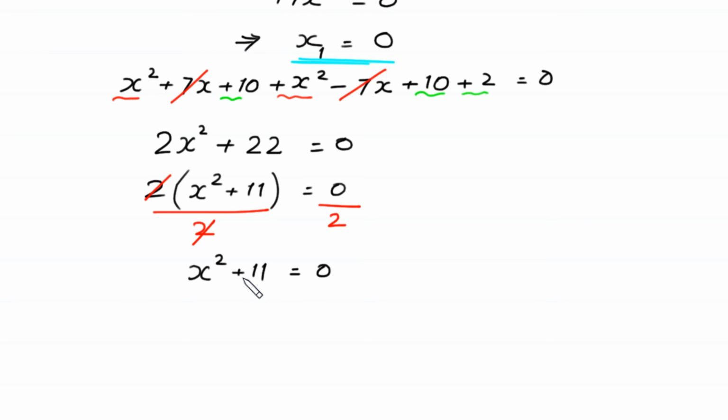Now we move this plus 11 to the right side, so x squared is equal to negative 11. Now from here we take square root of both sides, so this square will be cancelled with this square root, and we get the value of x is equal to plus or minus square root of negative 11.